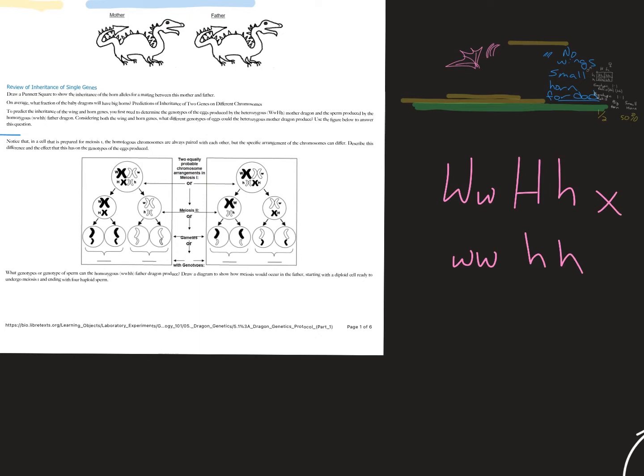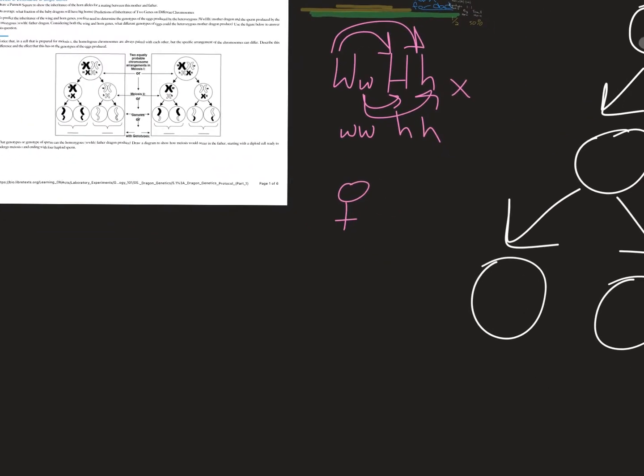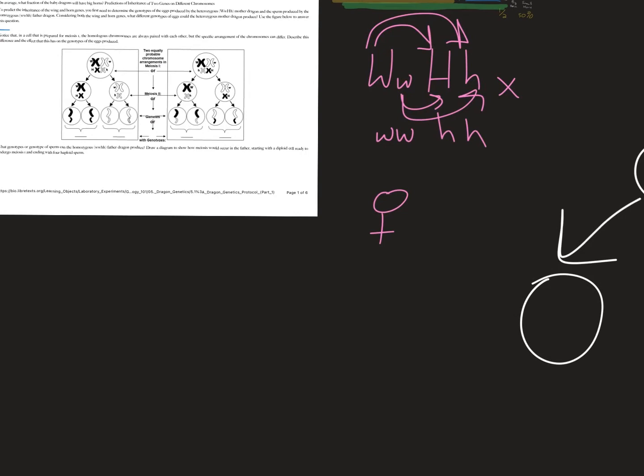So in order to do FOIL for the mother, you're going to go boom, boom, boom, and boom, right? So mom can produce four different eggs, right? What are the four different eggs that mom can produce?